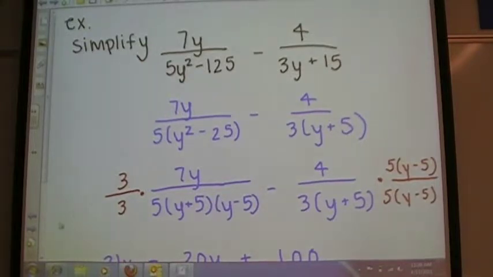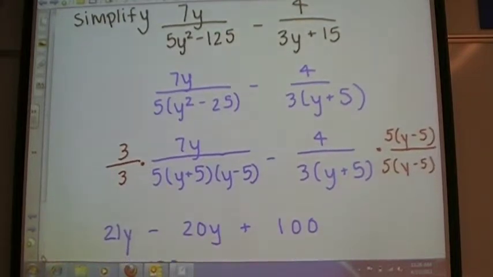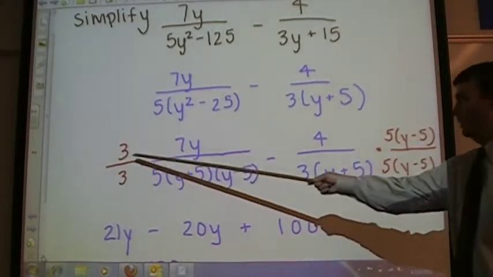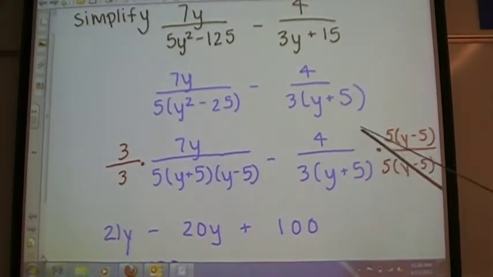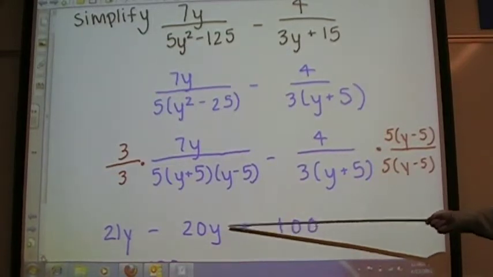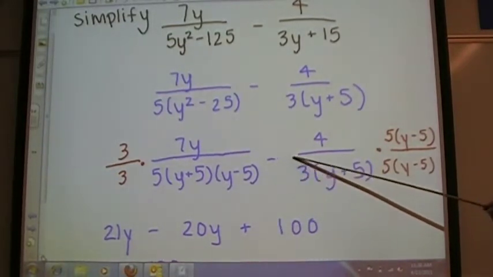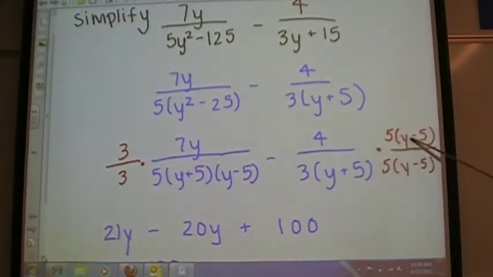So after I multiply the top and the bottom by those numbers, this is what I end up with. In the numerator, right here, I end up with 21y minus 20y. You see that? And then plus, because you have minus and a minus, 4 times 5 times 5 is 100. How'd you get the 4 times 5 times 5?